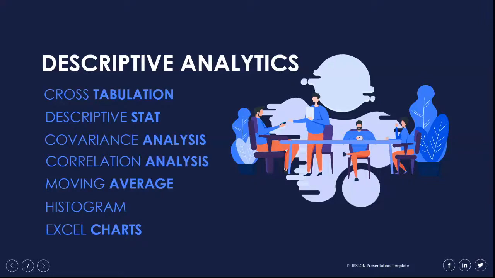We also have descriptive stat, covariance analysis, correlation analysis, moving average, histograms. These tools can be invoked using a plugin available in MS Excel called Analysis Toolpack. And then lastly, we have Excel charts. So in Excel, chart functionalities are available.